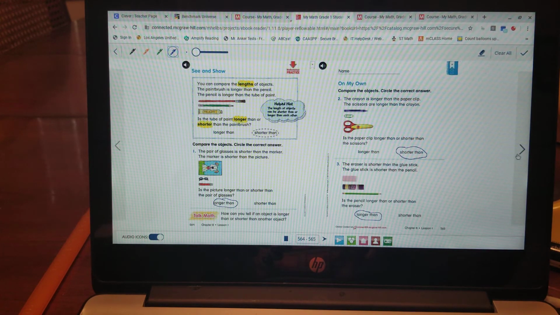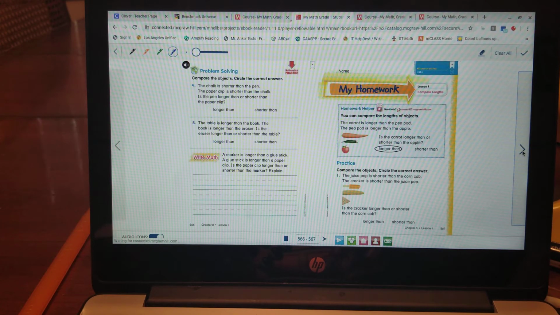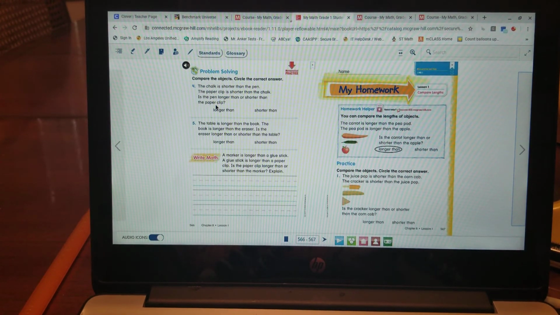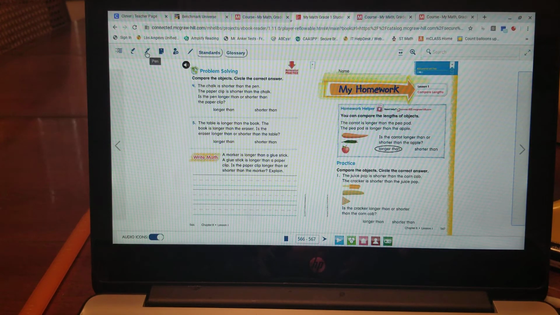Let's continue. The chalk is shorter than the pen. The paper clip is shorter than the chalk. Is the pen longer than or shorter than the paper clip? Now, boys and girls, remember, on our problem solving, we can still do our strategies. We underline what we know and circle what we need to find out.